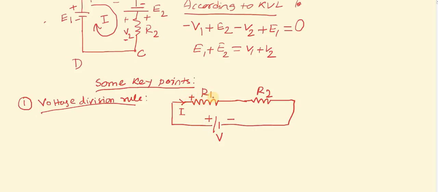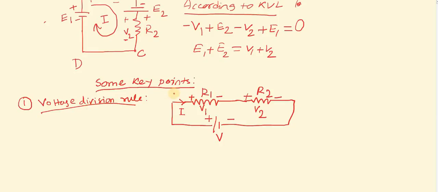So this is the positive and this is the negative symbol, and the voltage across this resistance R1 is say V1, and voltage across this R2 is say V2.